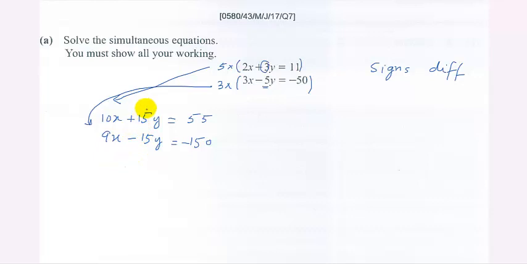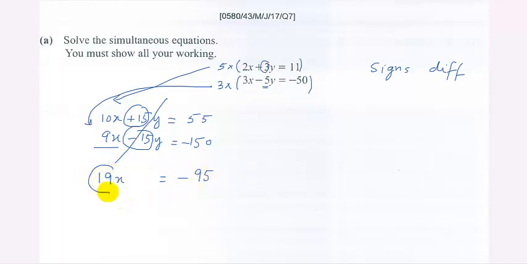Here you can observe, now we have plus 15 and minus 15. The signs are different and the coefficients are the same, 15 and 15. So this will cancel out. And from here, I have 9 plus 10, which is 19x, equals minus 95.